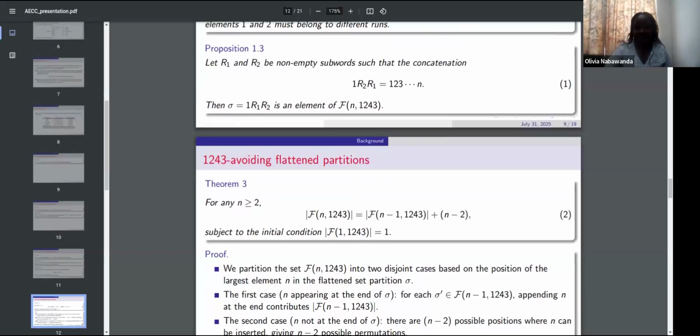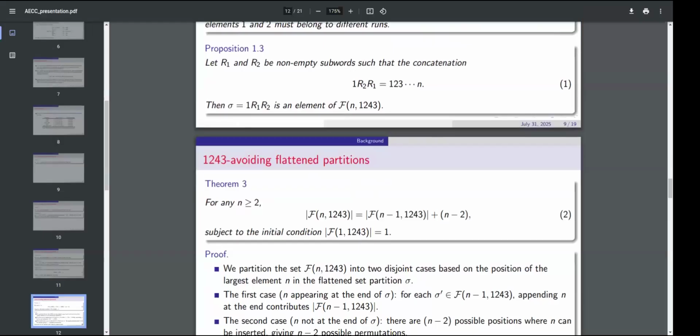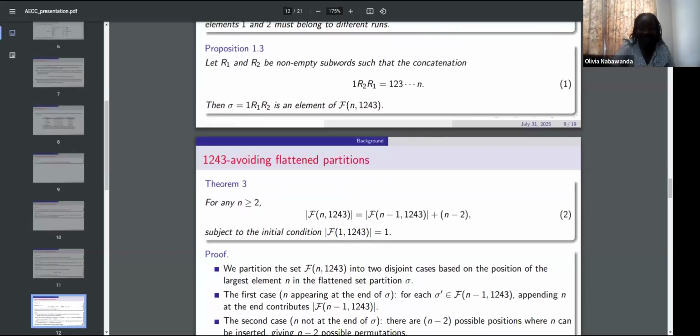Okay. Where are you right now? According to my screen, it is showing page 12. Oh no, no. I don't know what's going on. Maybe, is it possible if I send my slides and then someone just helps me share them?